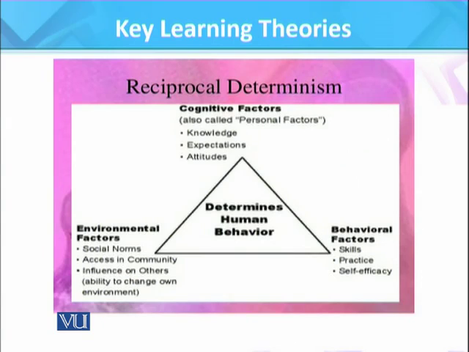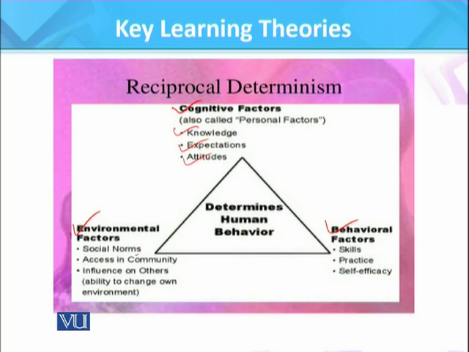When we look at reciprocal determinism, we see three areas: cognitive factors, environmental factors, and behavioral factors. Cognitive factors are related to knowledge, expectations, and attitudes.